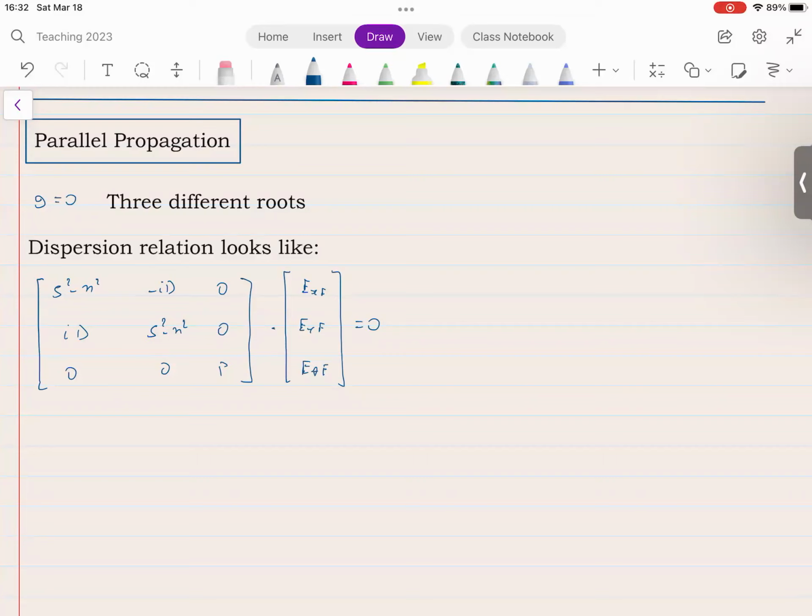Okay, then. We can look at the roots one by one. And the first easiest one is the case where P equals 0.